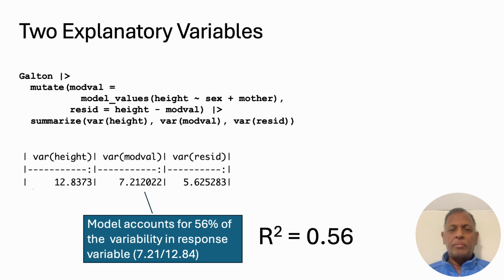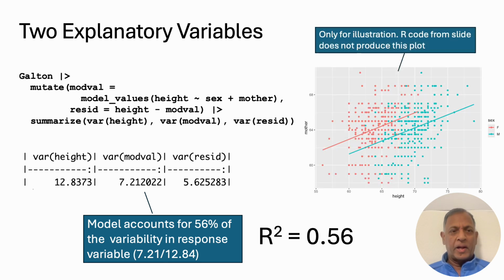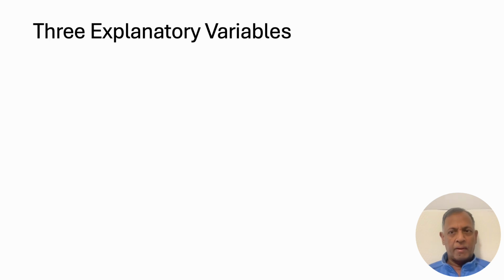The model is explaining a little more than before because we added one more explanatory variable. Here I've drawn two separate lines for males and females, and we see that it explains more than half of the variation.